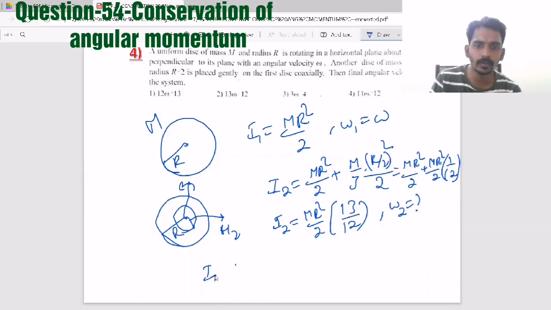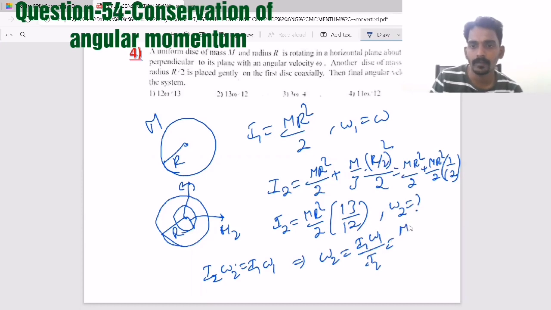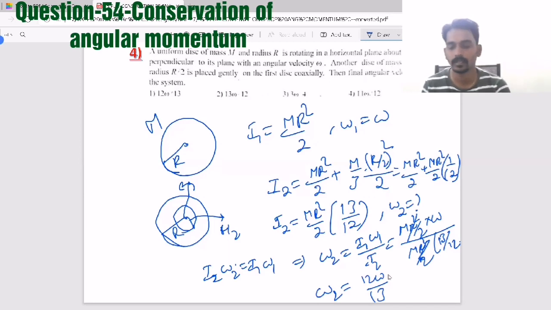So we will take I2 omega 2 equal to I1 omega 1, implies omega 2 equals I1 omega 1 by I2. I1 is mr square by 2 times omega, divided by mr square by 2 times 13 by 12. So mr square by 2 cancels, and it is 12 omega by 13.